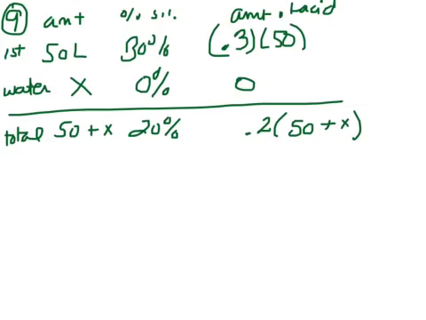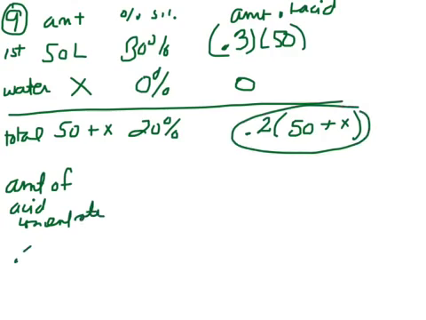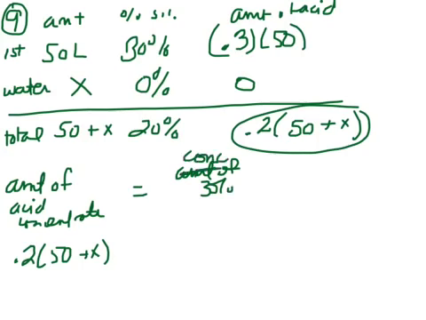So when we get done, if we think about the amount of acid concentrate, we want to end up with 0.2 times 50 plus X. We're focusing on concentrations of acid here. I want a 0.2 concentration, and this is how much I'm going to have.